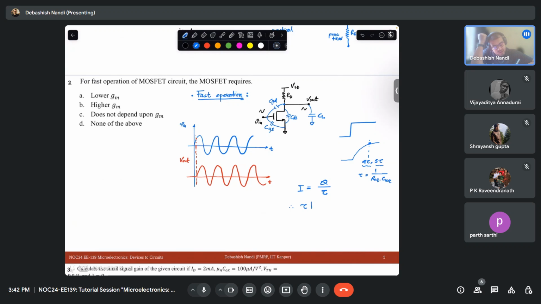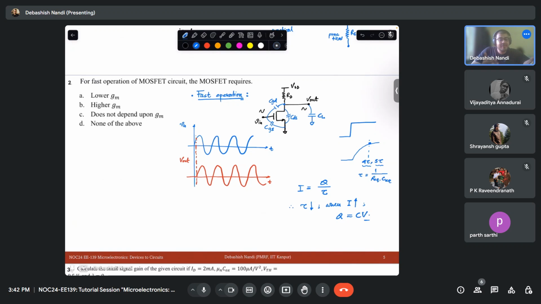So your time will be lesser when I is higher, provided Q is determined by CV. This is the zeroth order approximation of the concept. If you have a higher amount of current, to get the same charge I need less time, so my circuit will be faster.